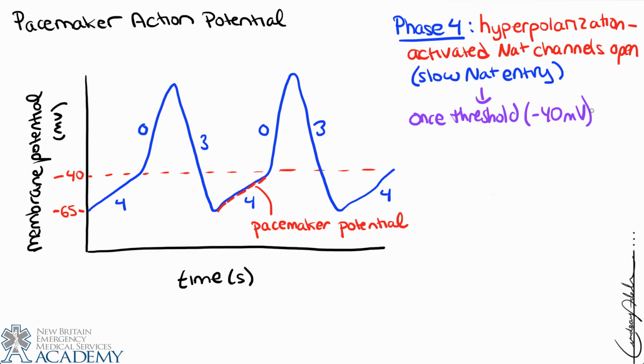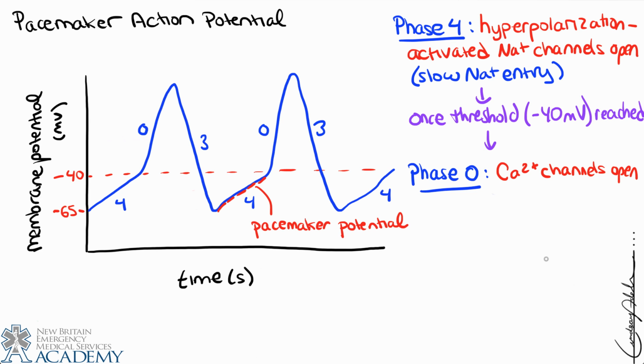And then from there, we will initiate phase 0, which is basically when calcium channels open. There are two different types of calcium channels, T-type and L-type calcium channels, that allow for phase 0 to occur. For now, it'll be useful to just remember that there are calcium channels opening, but it's interesting to note that, for example, the different types of calcium channel blockers, such as diltiazem, affect only the L-type calcium channel.